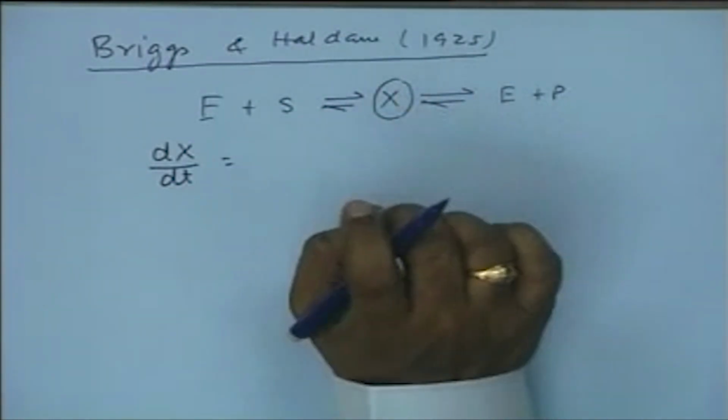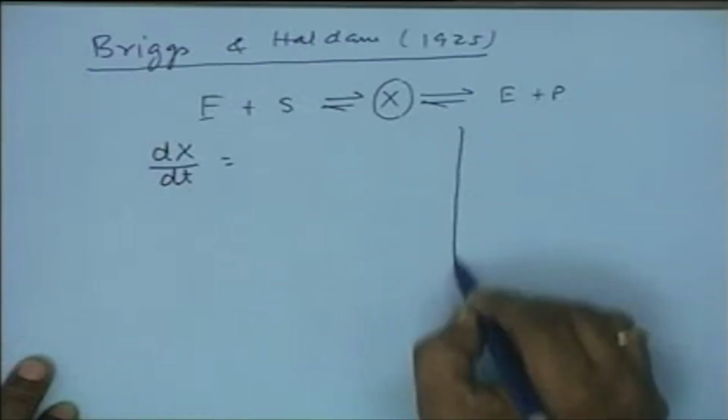That means that after a very short interval of time when the reaction starts, the concentrations of enzyme and the enzyme substrate complex reach a constant value.